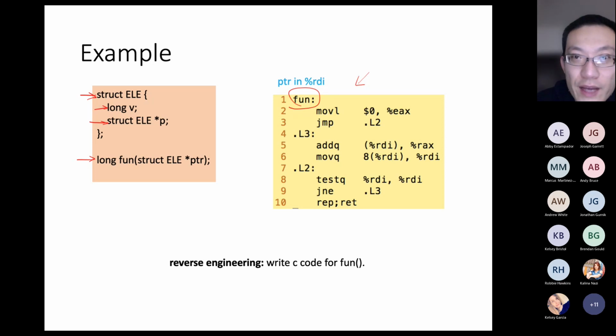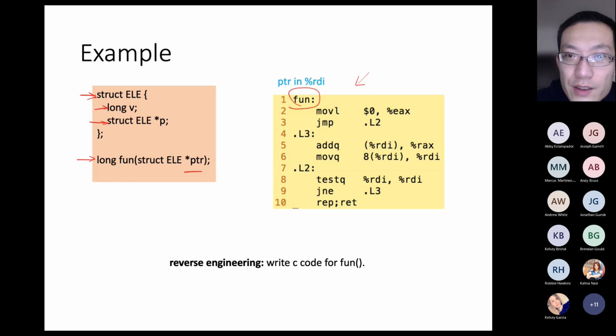Let's do it together and assume that PTR is in RDI. So PTR is a pointer, the first parameter. We know the first parameter comes in RDI, so it's quite consistent with what we have talked about. RDI holds the first parameter. If we look at fun, we want to reverse engineer it.